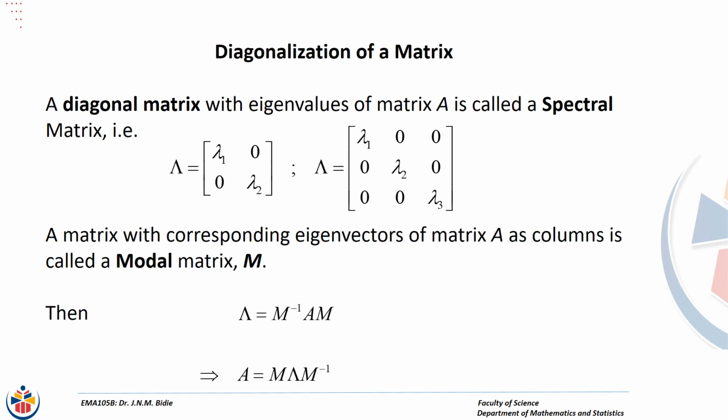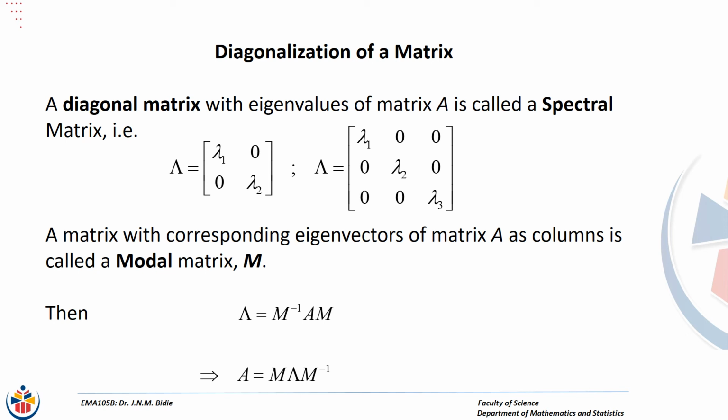Now we go straight to diagonalizing matrices. Firstly, in order for us to attempt this, we have to introduce you to a diagonal matrix, which we call a spectral matrix. Remember, a diagonal matrix is a matrix that only has non-zero entries on the main diagonal and zeros everywhere else.